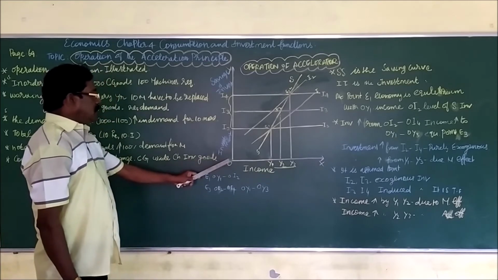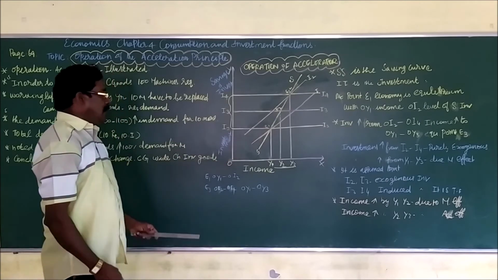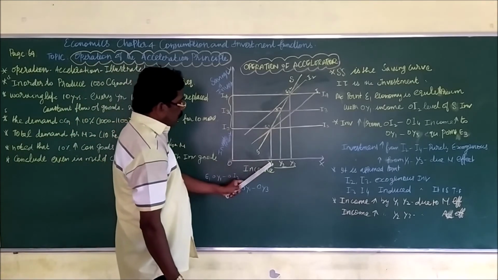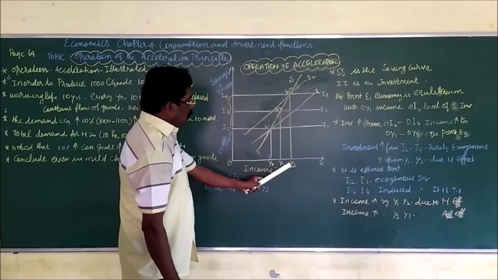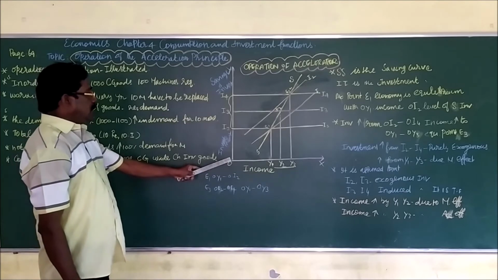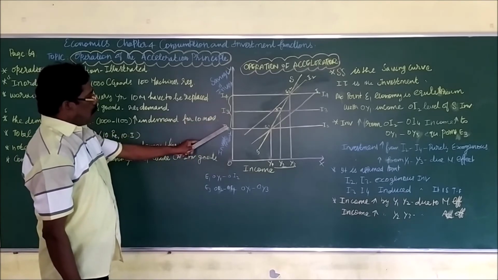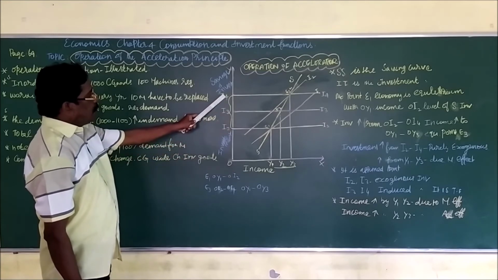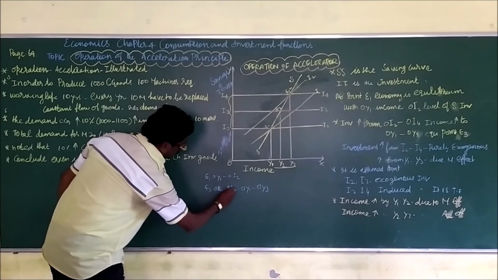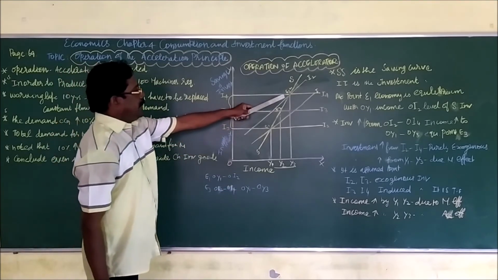The investment is OI2 and the equilibrium level is E1. Then the income is increased from OY1 to OY3. Income is increased, and the investment also increased from I2 level to I4, that is OI2 to OI4. The equilibrium is E3.